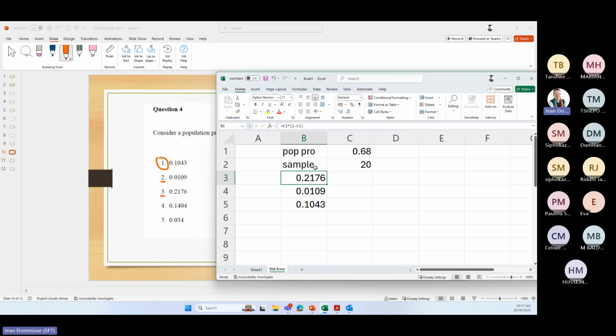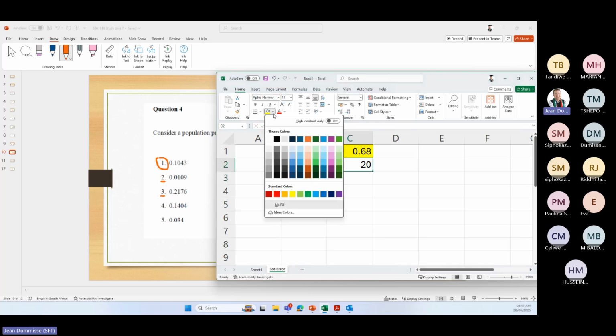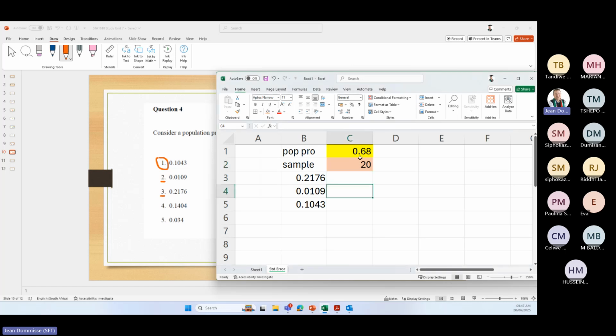So if you get any question where you need to change that, let's say 0.45, your answers will automatically change, and that last one will be your standard error.